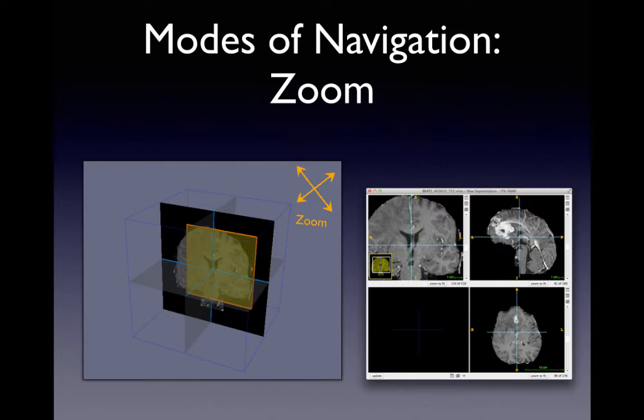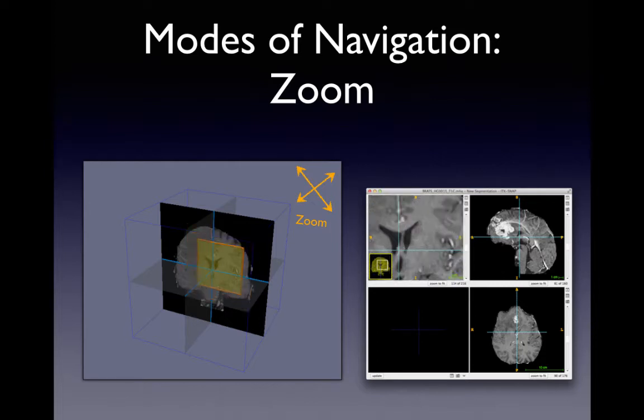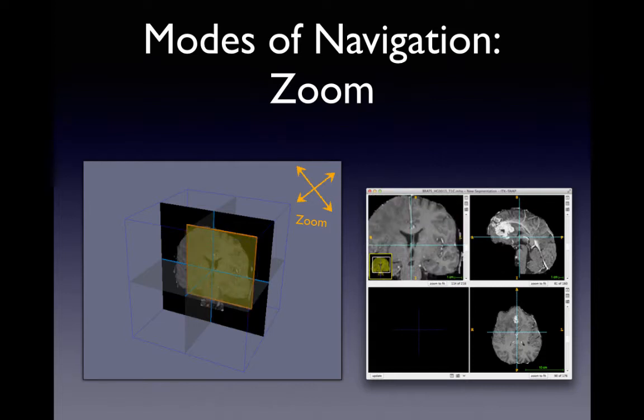Then we have the zoom interaction, which means that we are looking at some region of this slice, and by zooming in, we make that region smaller and smaller, which actually blows up the image in this view. Okay? We're blowing up the image. And whenever you're zooming in on the image, you can always see this little box in a corner that shows you what portion of the image you're seeing.